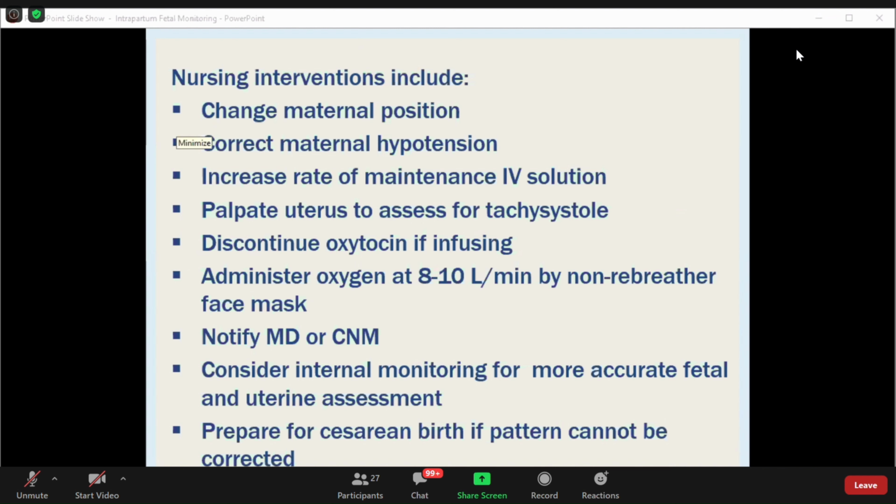First thing you do, put her on her left. Okay. Then you want to increase the circulating oxygen. So increase her IV solution because you want to expand the vascular volume. So whatever oxygen she has, you want to get that moving.